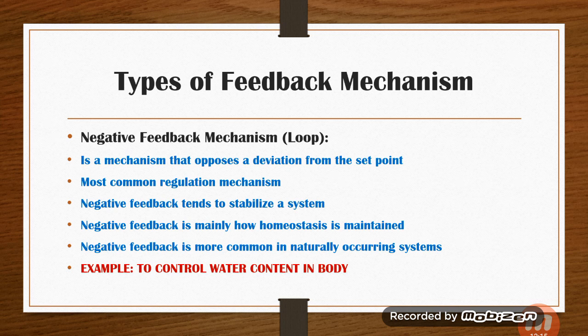As a result, the blood water content rises, which is sensed by the hypothalamus. So, the body would have to come back to its normal state, as a result of which ADH secretion slows down.